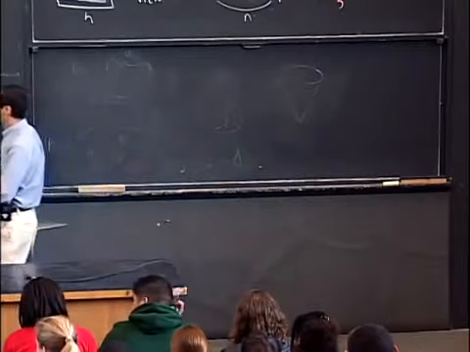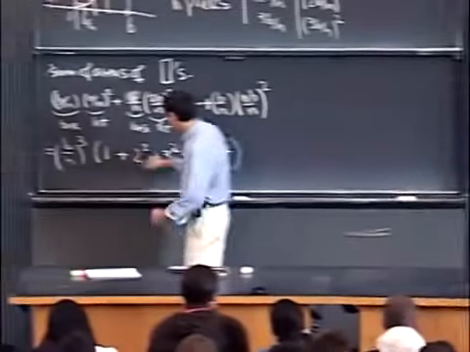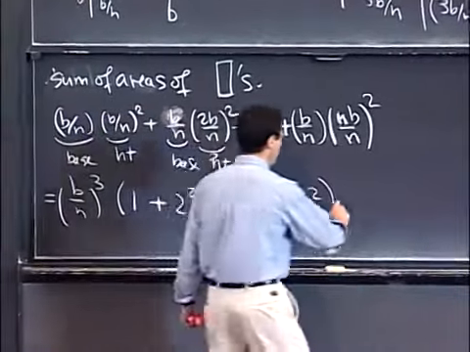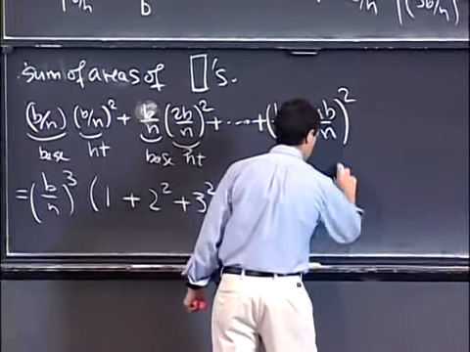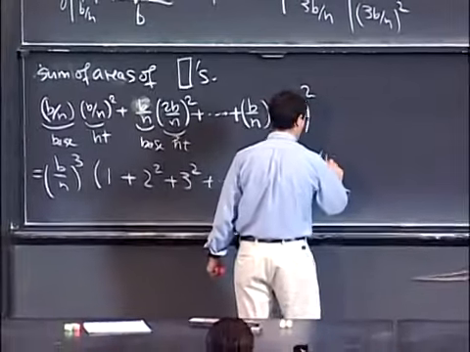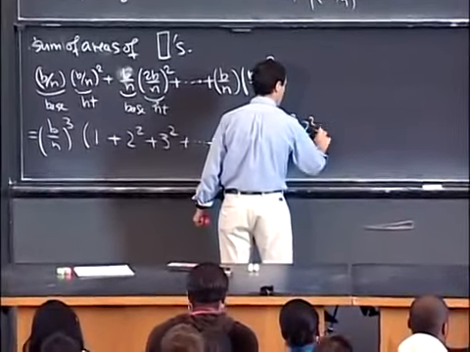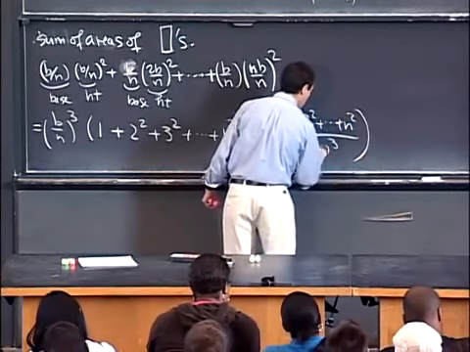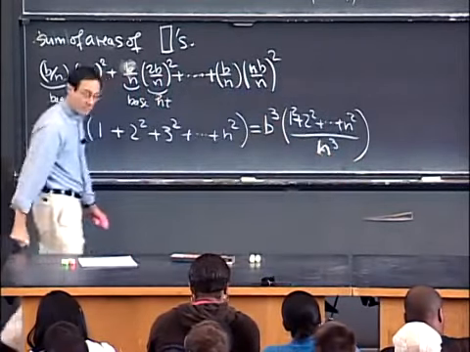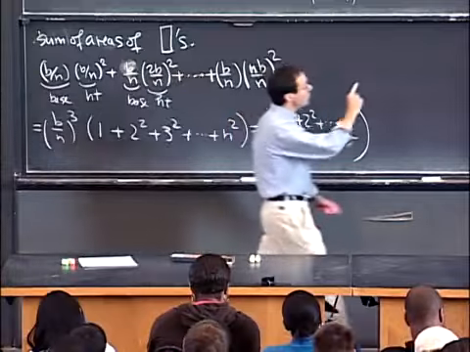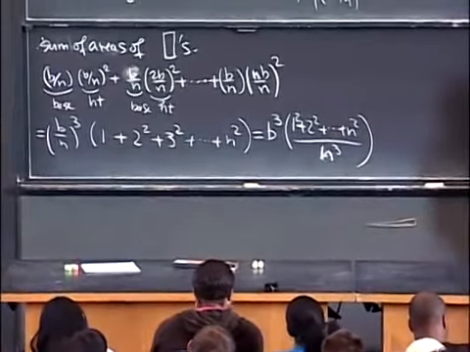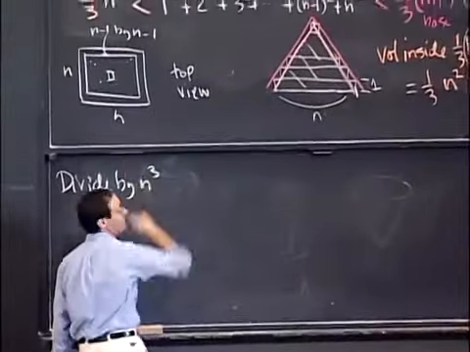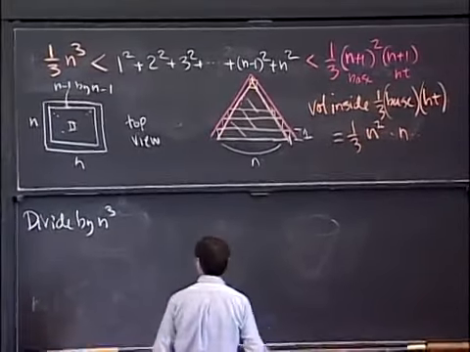If you look at what our goal is, we want to have an expression like this. This was the massive expression that we had, and actually, I'm going to write it differently. I'll write it as b cubed times (1 squared plus 2 squared plus ... plus n squared) divided by n cubed. I'm going to combine all the n's together. So the right thing to do is to divide what I had up there by n cubed in this set of inequalities.